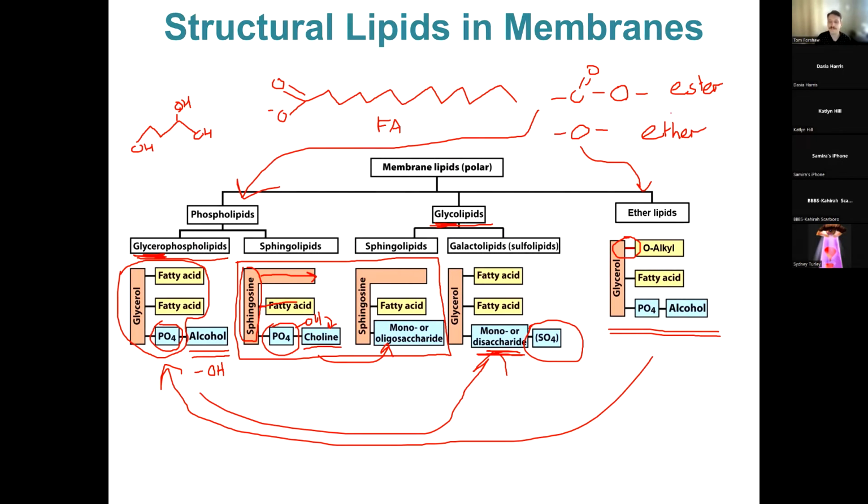The glycerophospholipids, because of the glycerol, form esters. But there are these ether lipids, where one of the chains is not a fatty acid; it's a fatty alcohol, and it forms an ether instead. So that's that. This is all going to be covered in more detail. Just introducing it now.